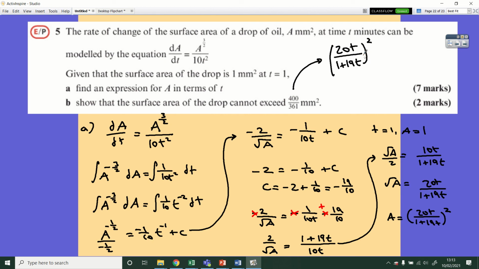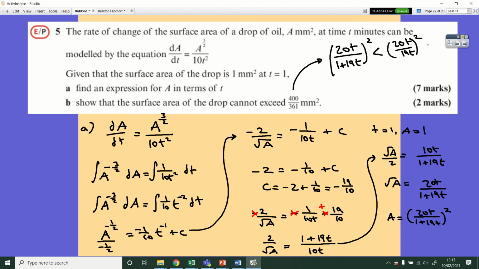Well, it's going to be to do with this denominator here. If I make the denominator smaller, then this is going to be bigger. So this is less than 20t over 19t squared. There we go.